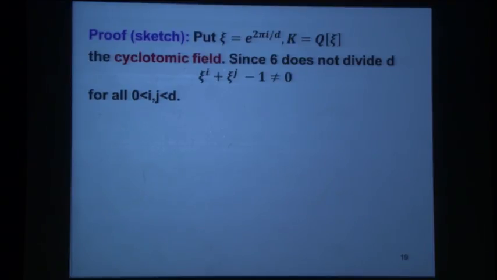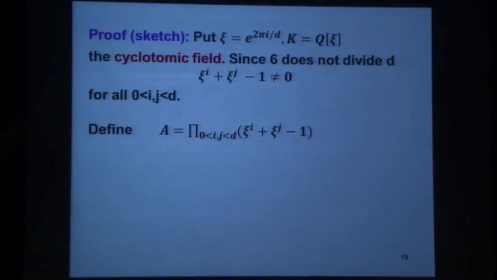Now what you do is you define the following quantity. That's just the product of xi to the i plus xi to the j minus 1 for all i, j between 0 and D. It's a product of some D squared elements. It's all over the complex numbers.